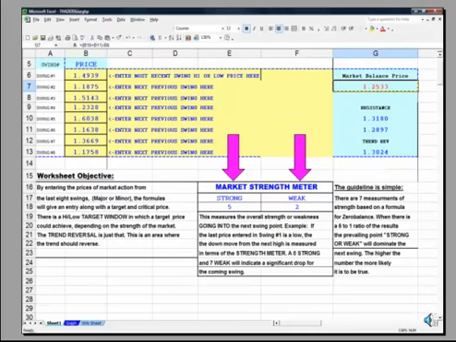Okay, here's the all-important strength meter. Basically what I've done here is taken the market's overall movements for the past 8 swings, and I have comprised a swing strength based on previous swings.